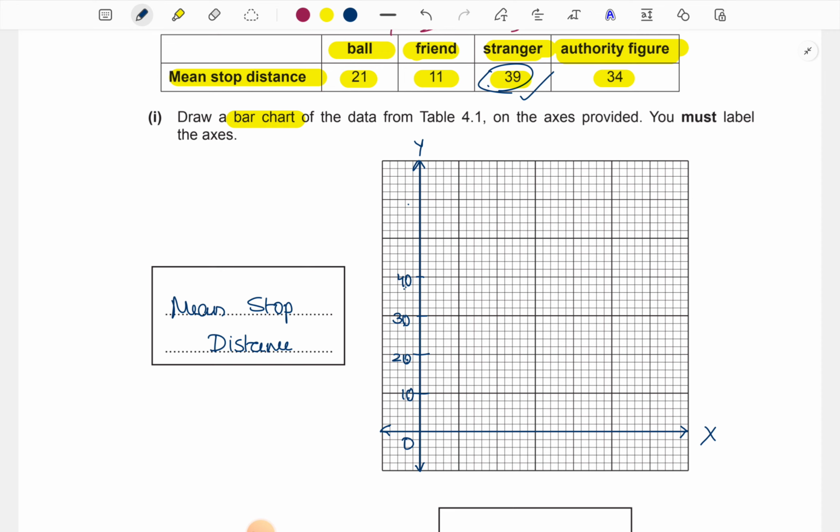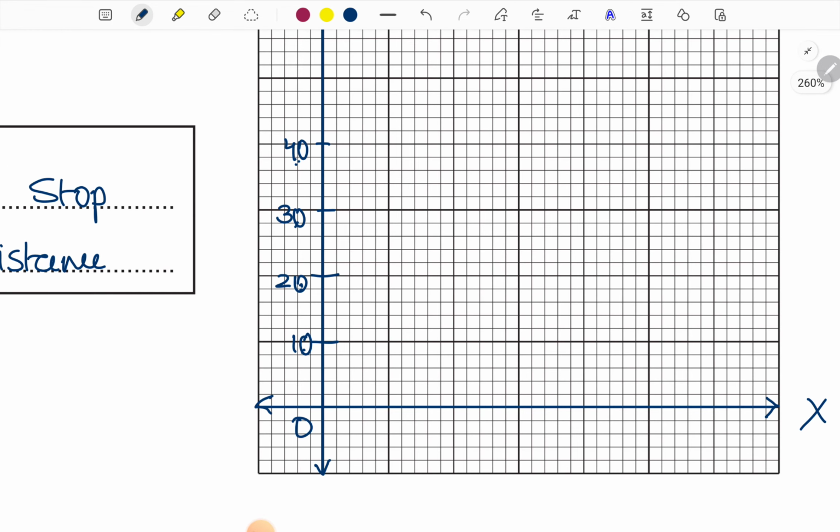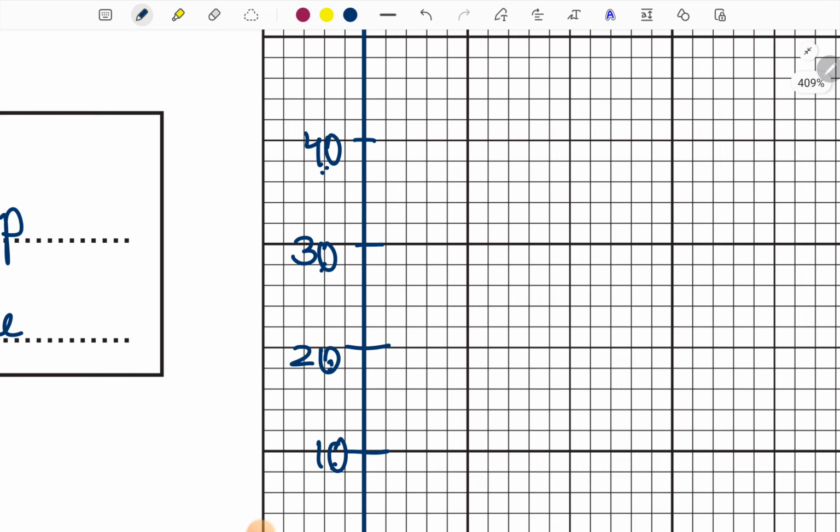First I have to represent ball, and for ball I have to take it up to 21. Now when I say you should be sensible, what I mean is, if I see the space between 20 and 30, it's difficult for me to precisely draw 21, because I don't have a proper graph paper with exactly 10 squares from 20 to 30. So I just take it up to 1 square, a roughly little above 20.